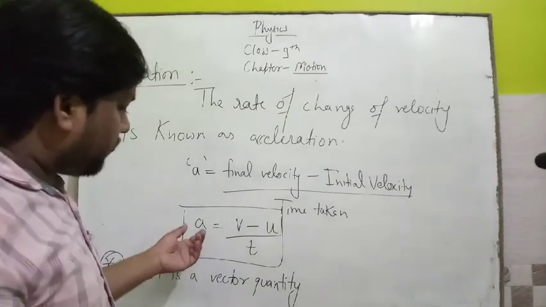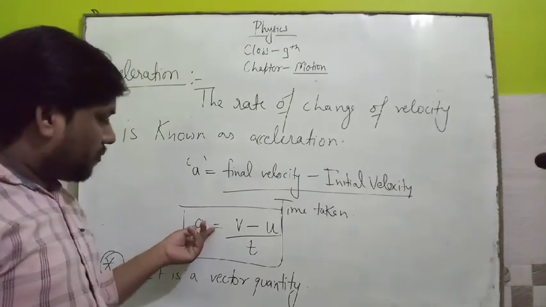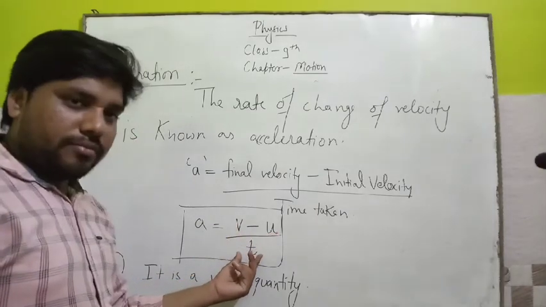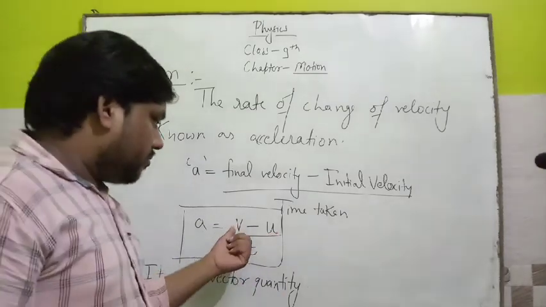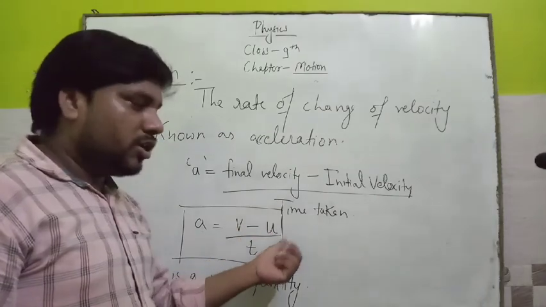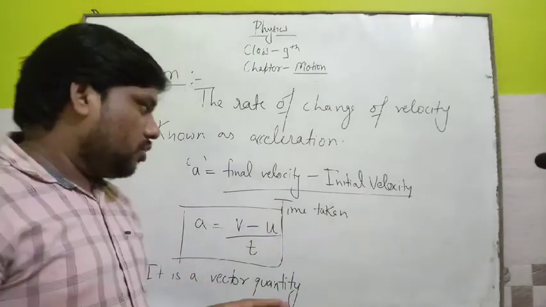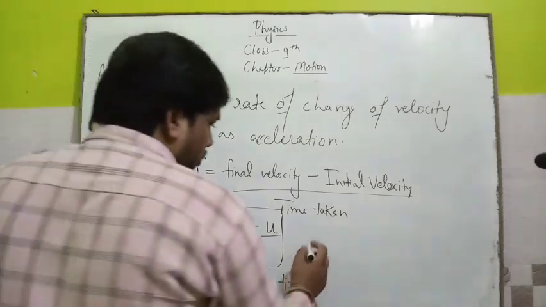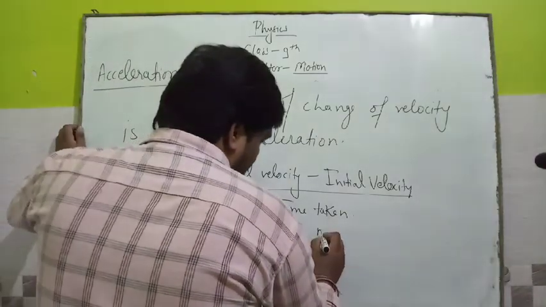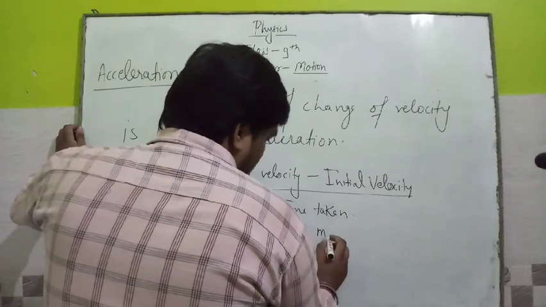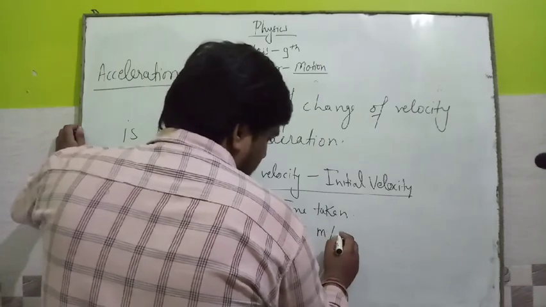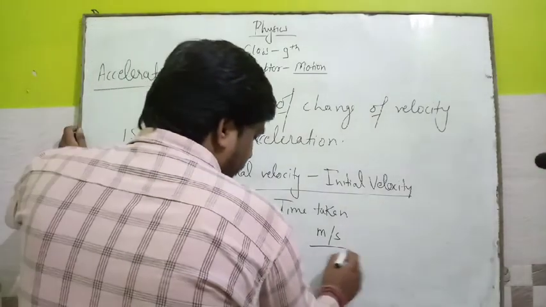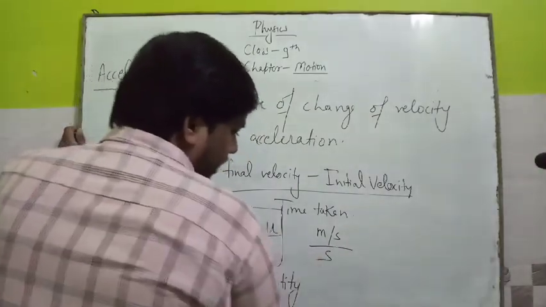As you know, the formula of acceleration is change in velocity upon time. Velocity minus velocity gives velocity. So what is the unit of velocity? In the previous class I told you the unit of velocity is meter per second. And what is the unit of time? That is second.